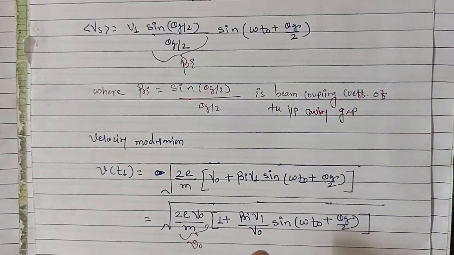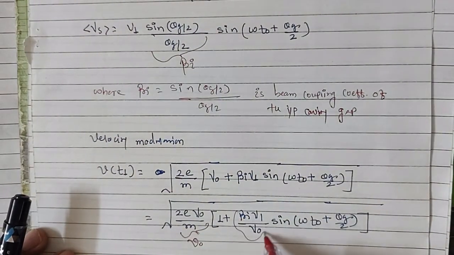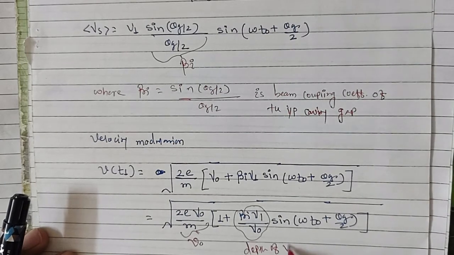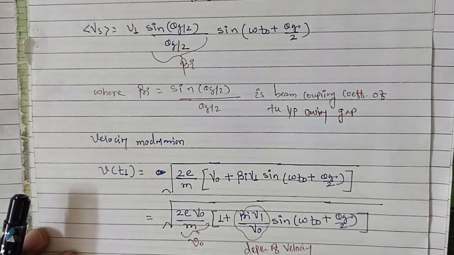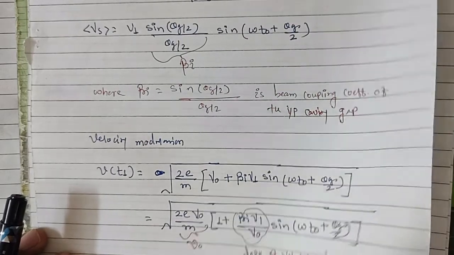This quantity beta I V1 over V0 is called the depth of velocity modulation.